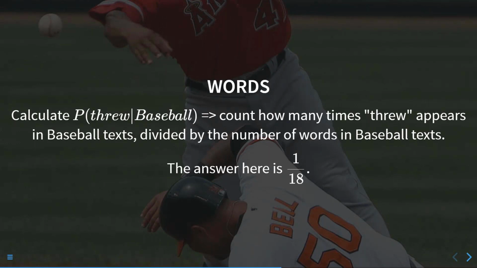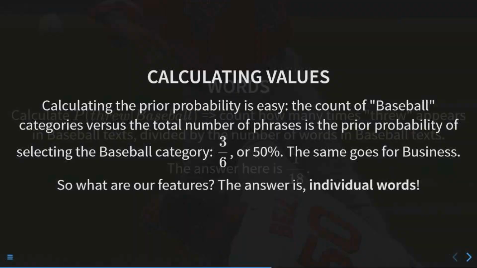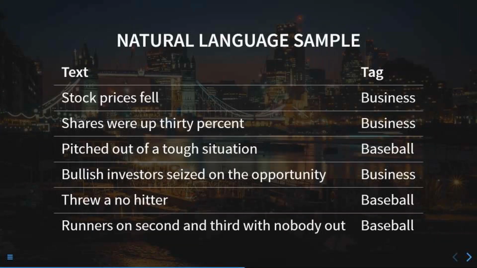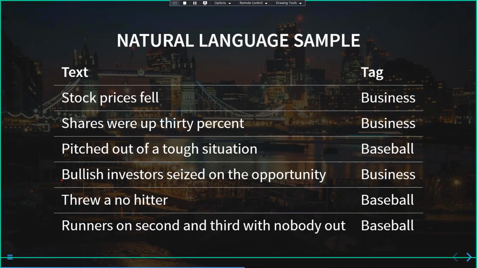So let's calculate the probability, given that this is baseball, of the word "through" appearing. That means we count how many times the word "through" appears in the baseball texts and divide by the number of words in the baseball texts. If I hop back a couple of slides, I can see the word "through" is right here: "through a no-hitter."